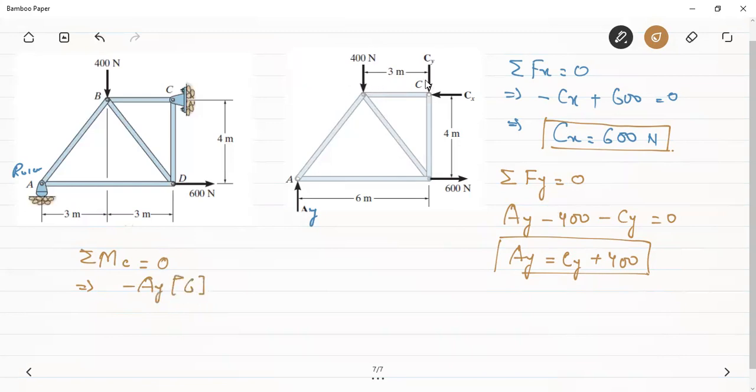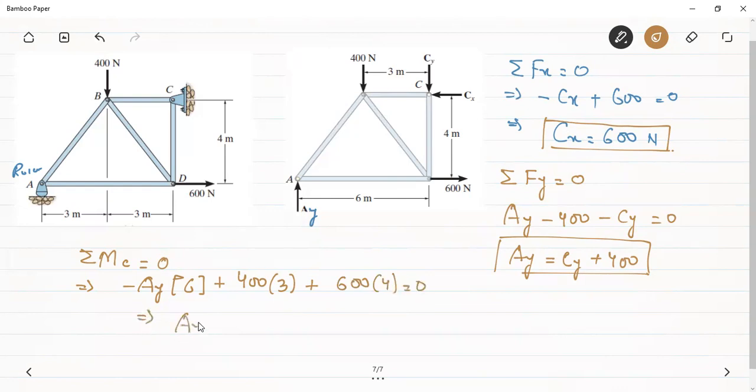This 400 will create an anti-clockwise moment about C, whose magnitude will be equal to 400 into 3, and 600 will again create an anti-clockwise moment about C, whose force arm will be equal to 4, so 600 into 4. Okay, this will be the magnitude of this moment.